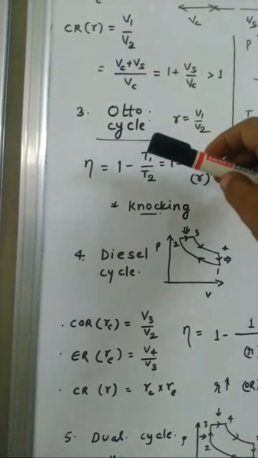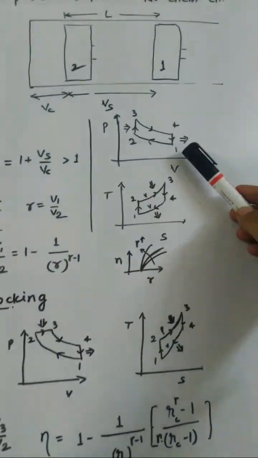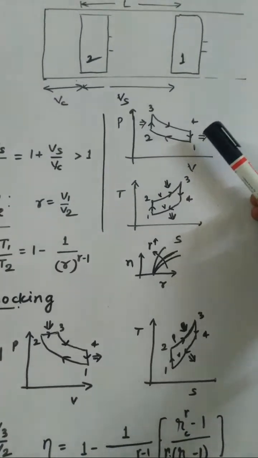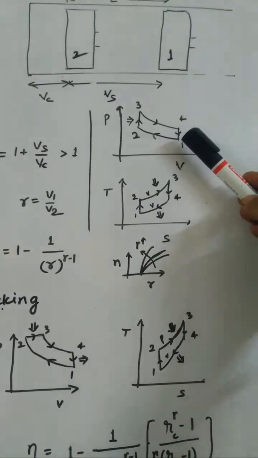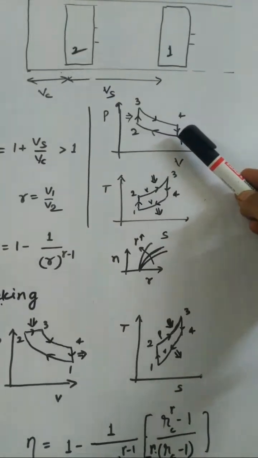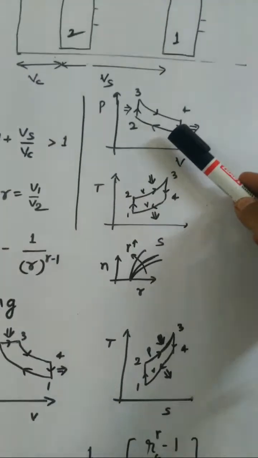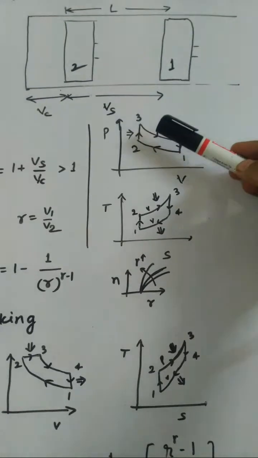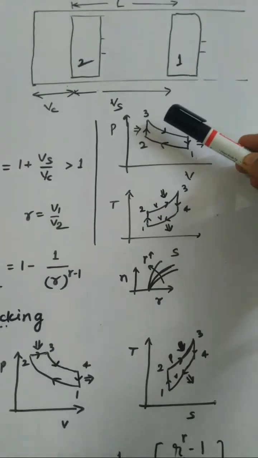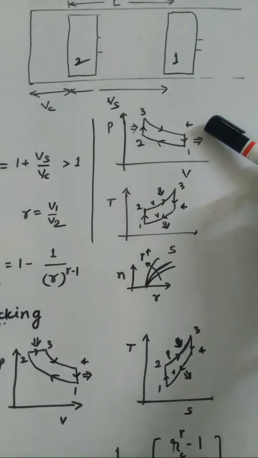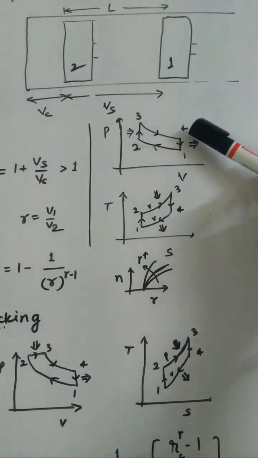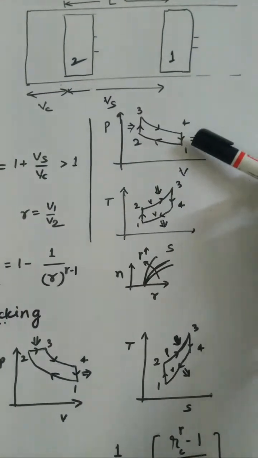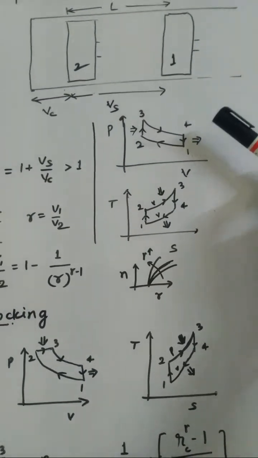Third point, for Otto cycle, these are PV and the TS diagram. 1 to 2 is isentropic process, isentropic or reversible adiabatic compression. 2 to 3 is constant volume heat addition. 3 to 4 is again isentropic expansion, and 4 to 1 is constant volume heat rejection.